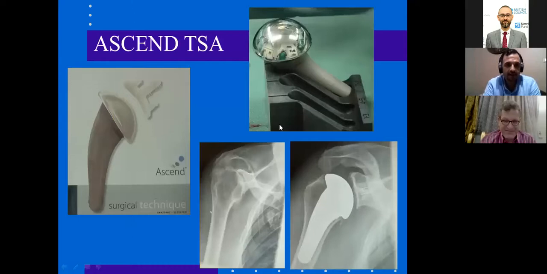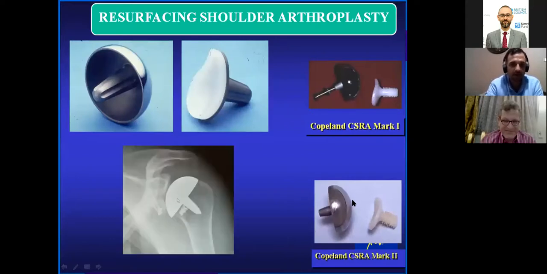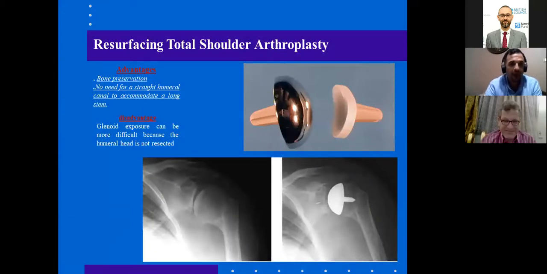Another option is Ascend total shoulder arthroplasty, which has a cementless, short stem, and a glenoid component. As regards resurfacing shoulder arthroplasty, we have the advantage of bone preservation, with no need for a straight humeral canal to accommodate a long stem, but we have the disadvantage that glenoid exposure can be more difficult because the humeral head is not resected.